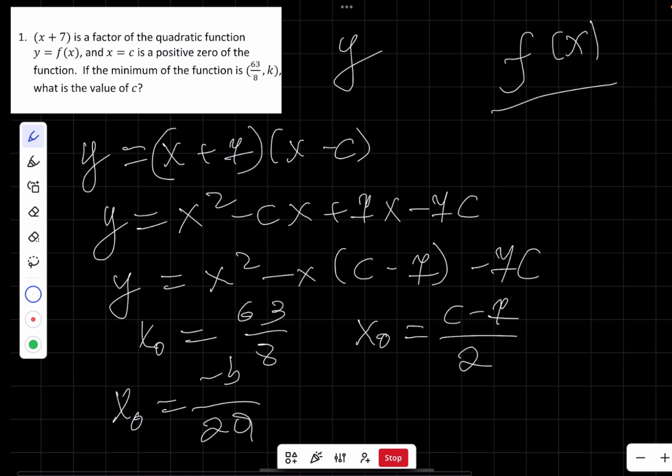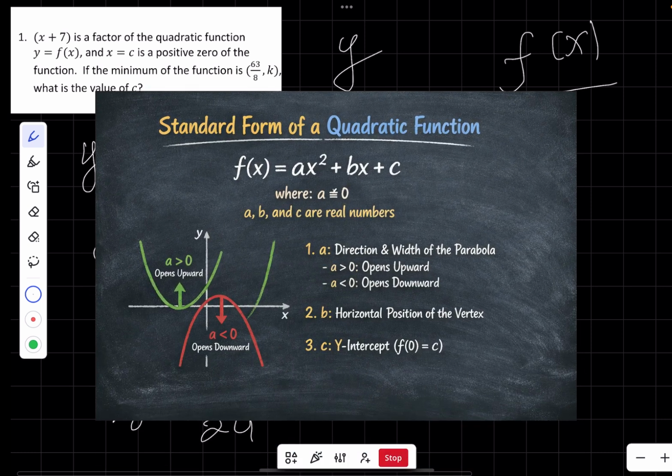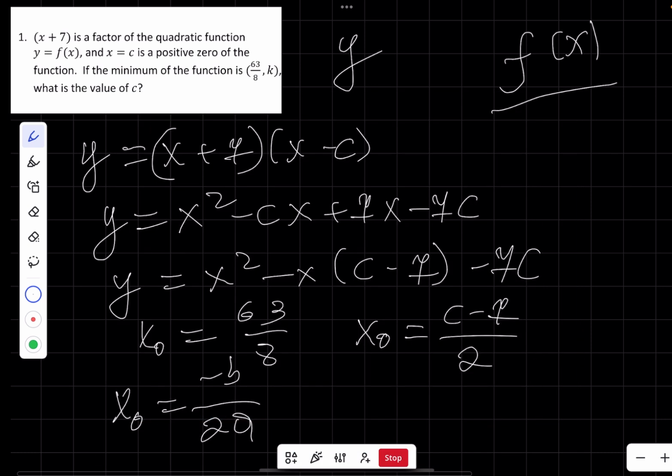What are the b and a? They are the numbers in standard form. You can see that on your screen. In our case, b is equal to minus (c minus 7) and a is equal to 1.